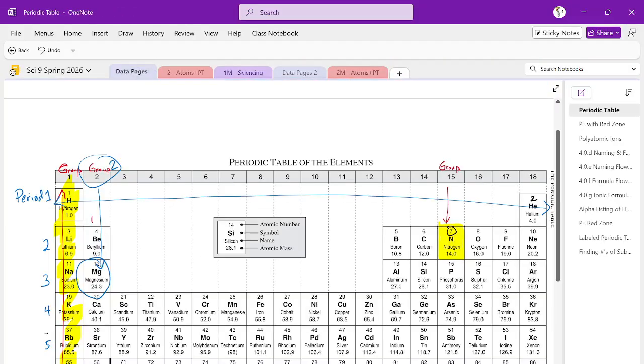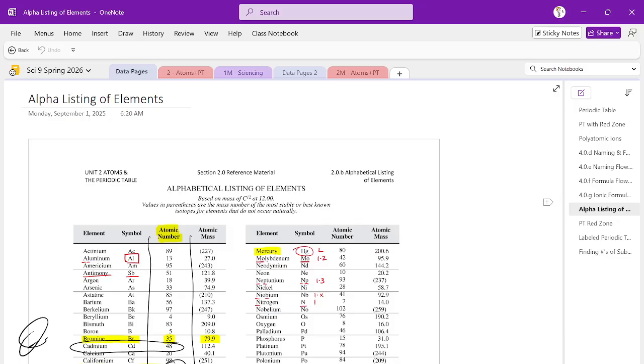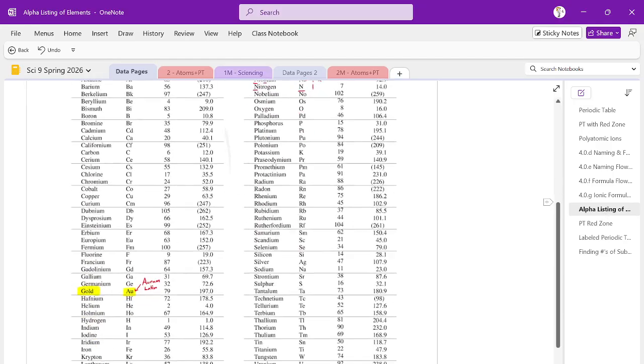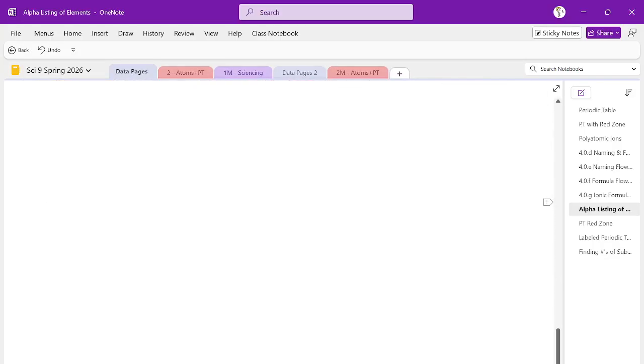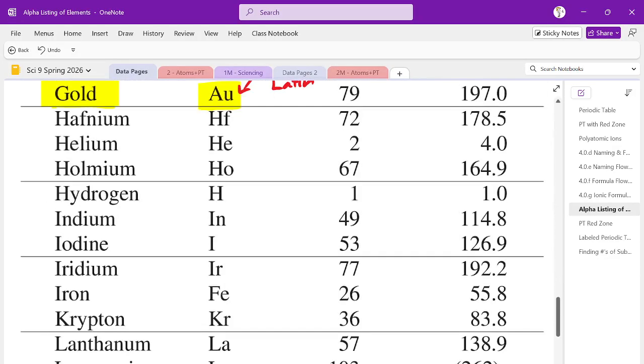And we're actually going to go to the back of the periodic table, because that's going to let us look up iodine in alphabetical order. Okay, so here is iodine. And the thing you're going to look up about iodine is you're going to say it is number 53.